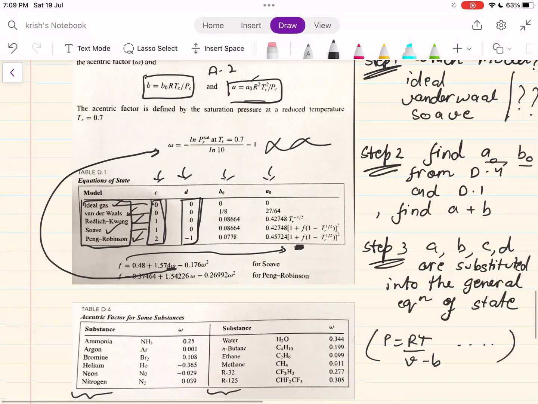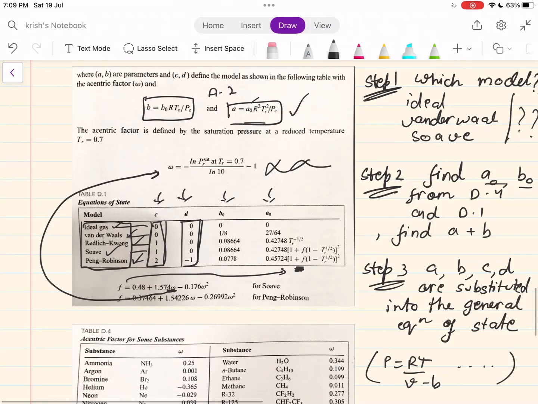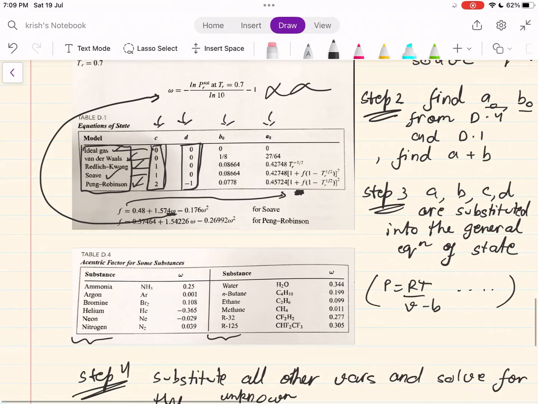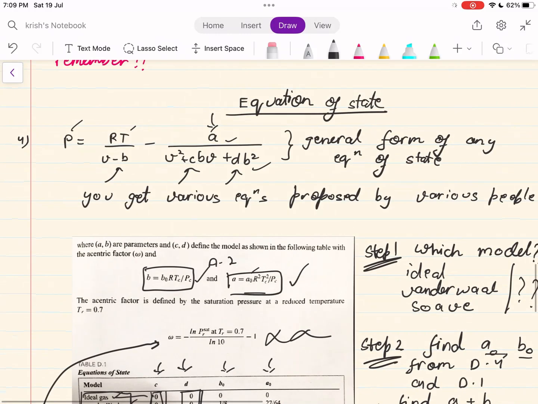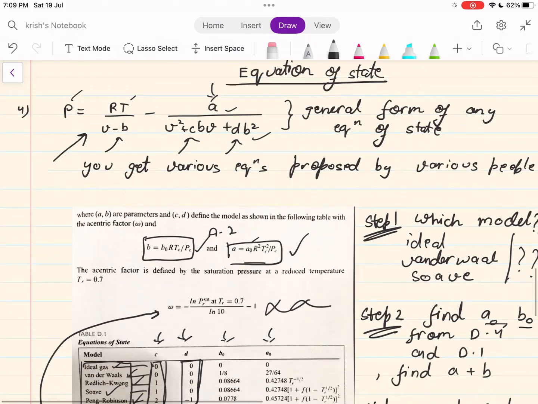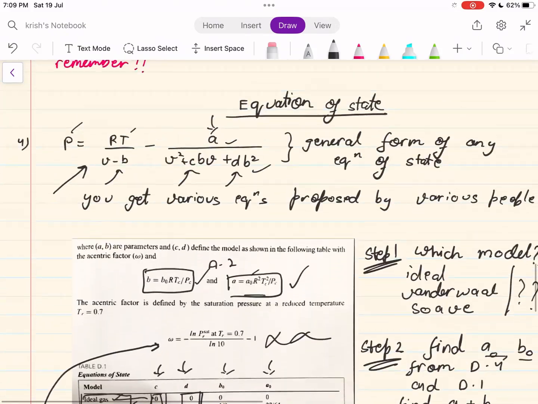Then you will use those values in these formulas to find a and b. Then you will substitute all of the values of a, b, c, and d into this general equation of state. Then you will solve for whatever unknown.